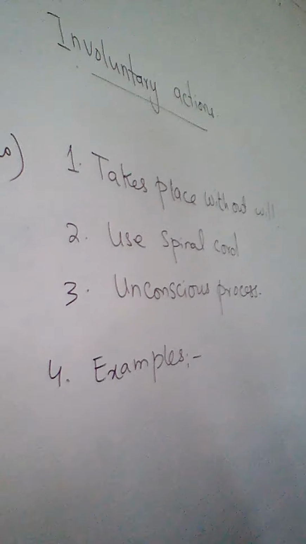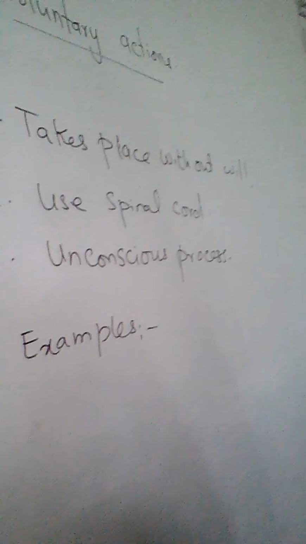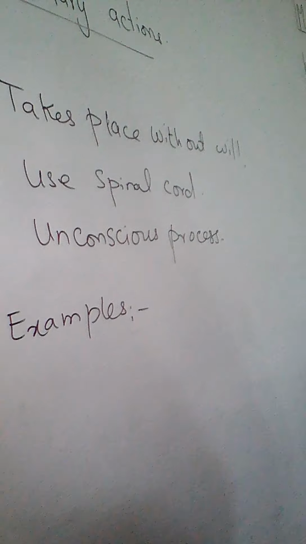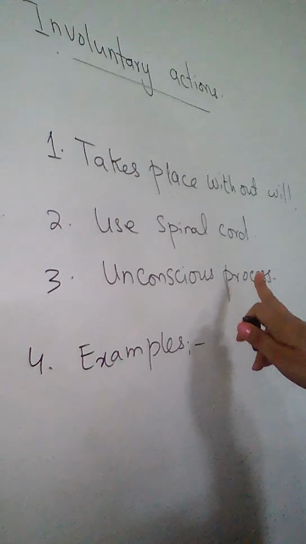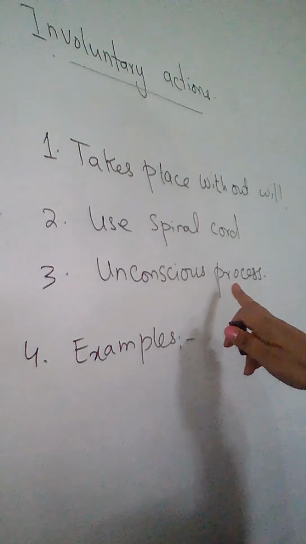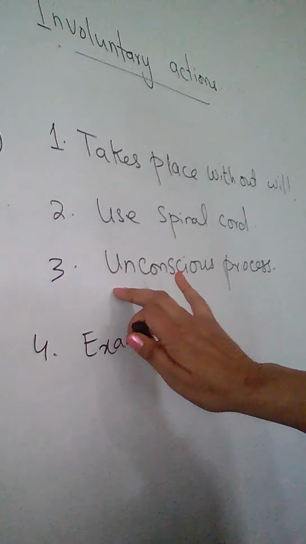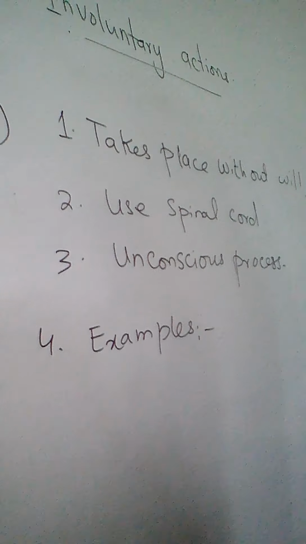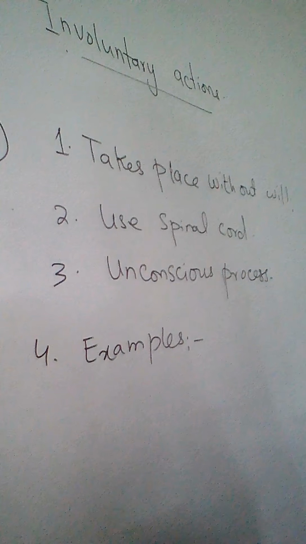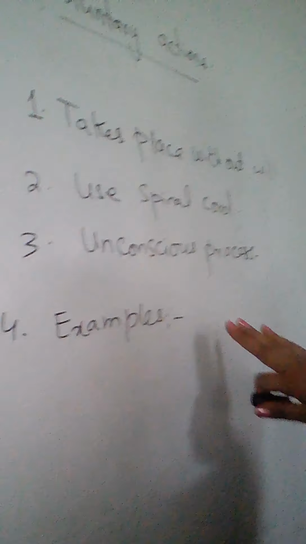Then involuntary actions are the unconscious actions. Hence, we can say that it is an unconscious process. Again, the thing that happens in the involuntary actions is that these are performed automatically.